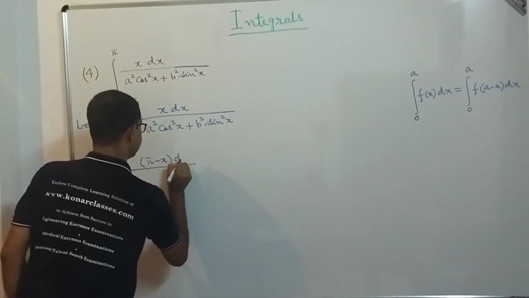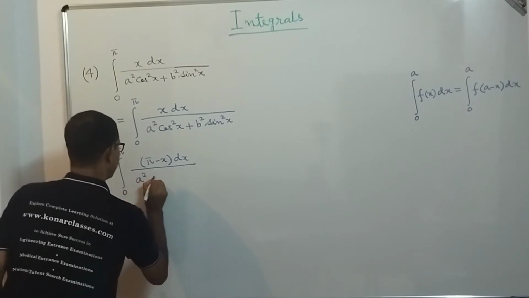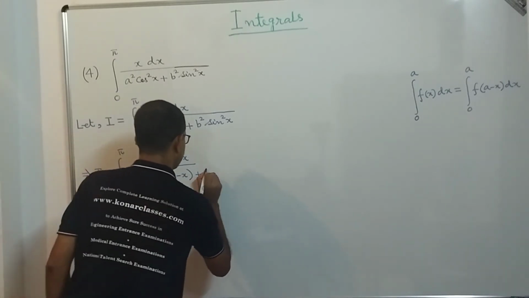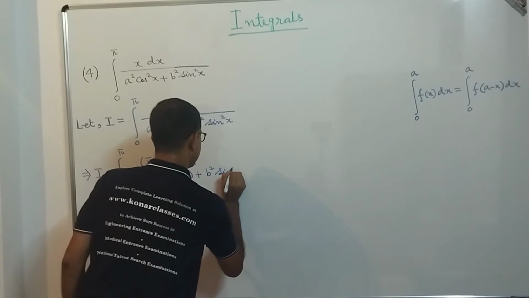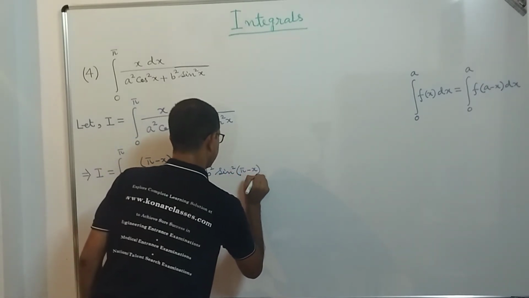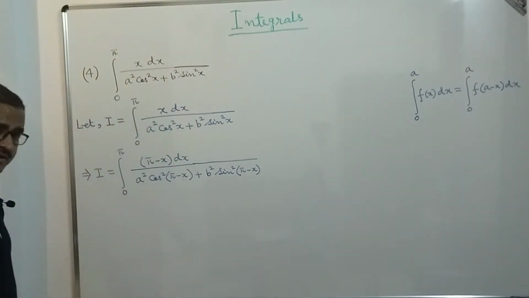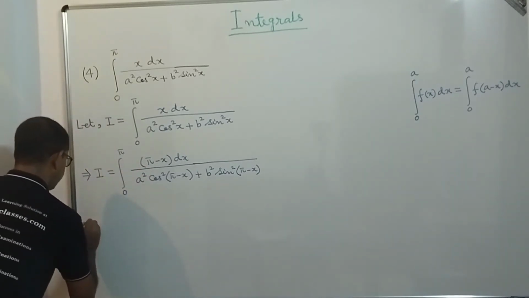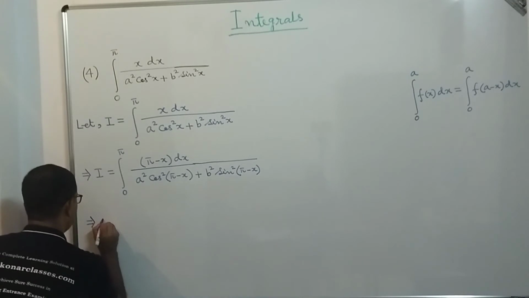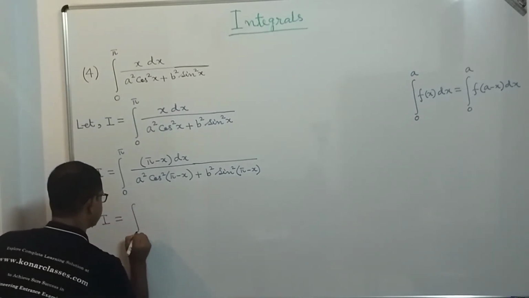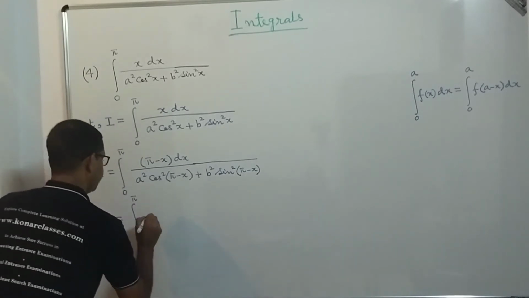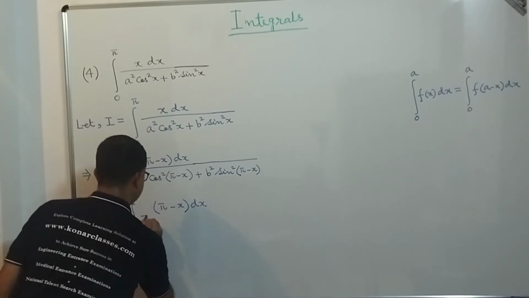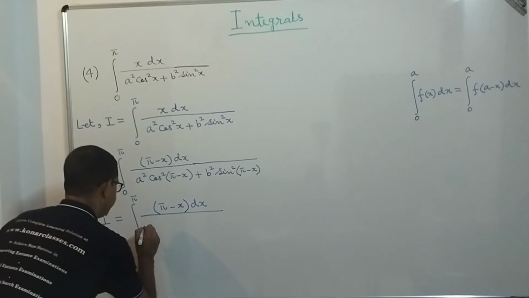So pi minus x dx, and in the denominator a square into cos square of pi minus x plus b square into sine square of pi minus x. Not a big deal.